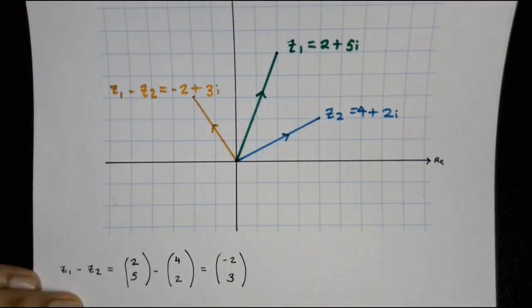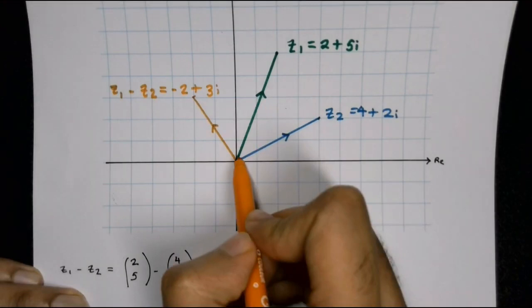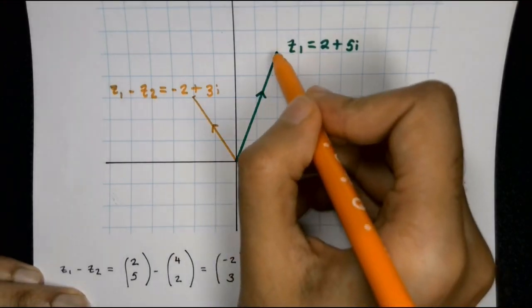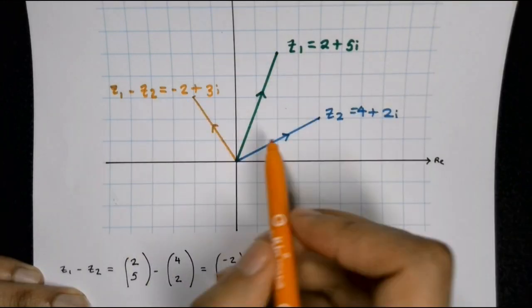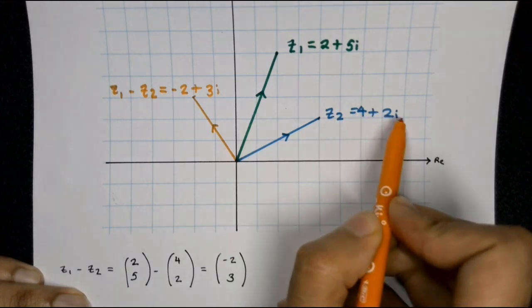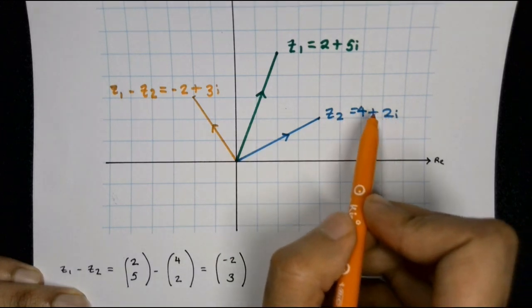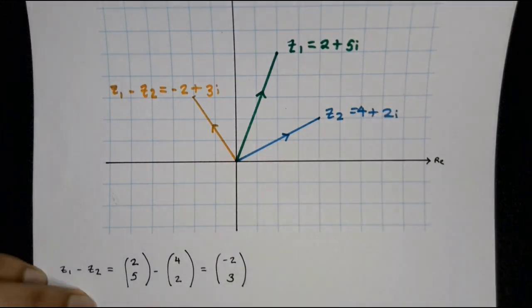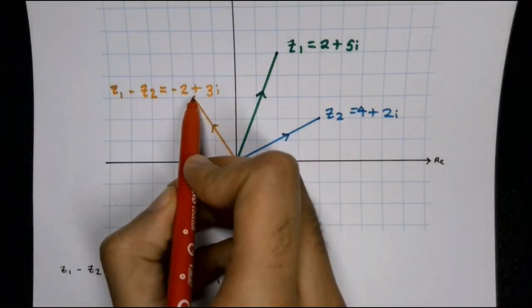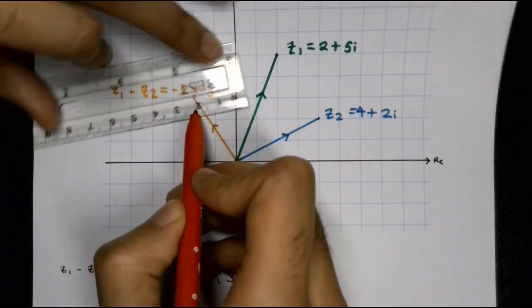And that makes a lot of sense. We're at z1, and then we want to go from z1 minus z2. So you can see here, z2, that's 4 across, 2 up. So the opposite of that, minus z2. You can see here, we go 4 to the left and 2 down.